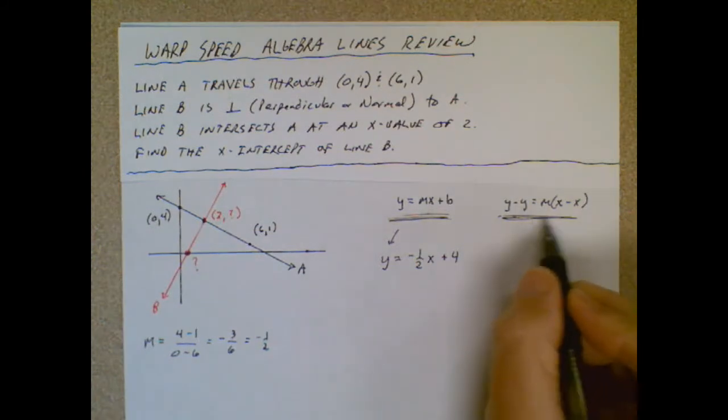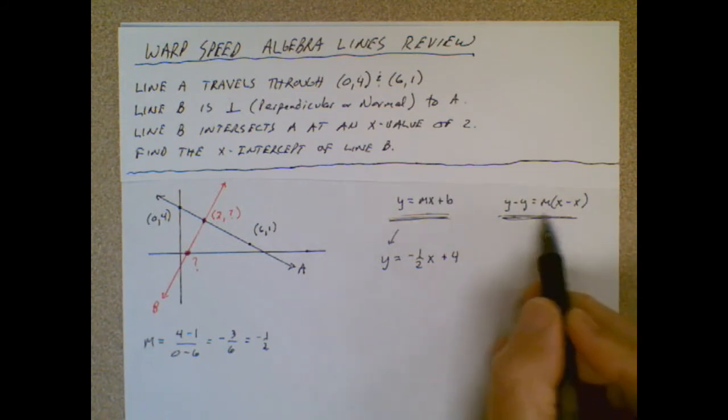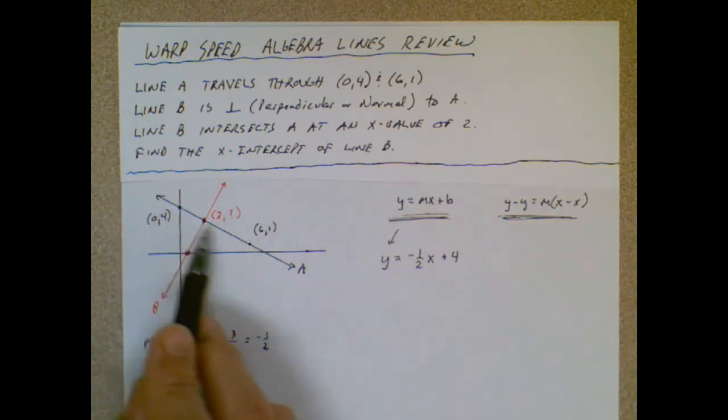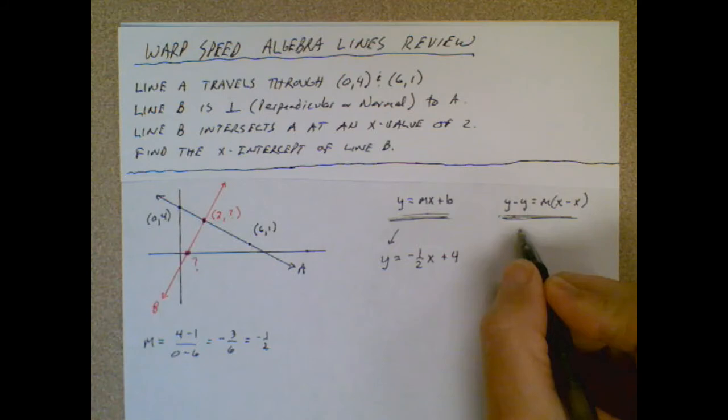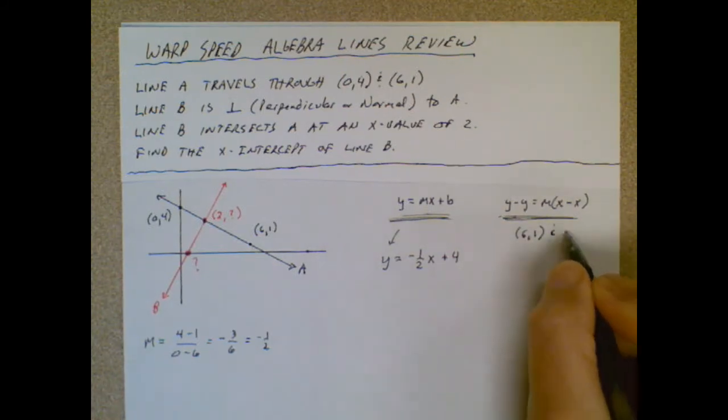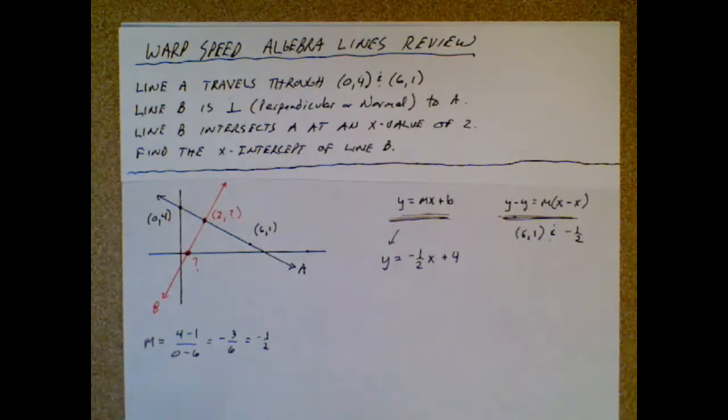But this is a very valuable form of the line in calculus. You probably don't like to use this one, but I'm going to go ahead and use it anyway. For point slope form, you need any point on the line, so I'm going to choose 6, 1. And you need the slope, which is negative 1/2. We figured that out already.